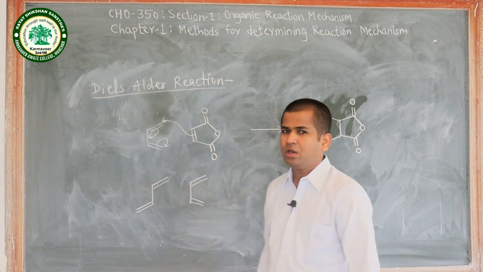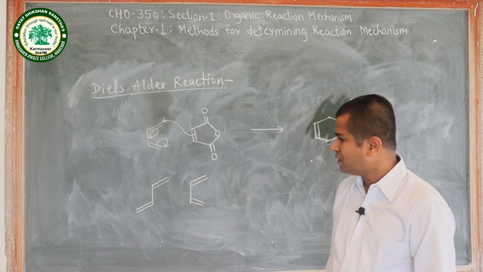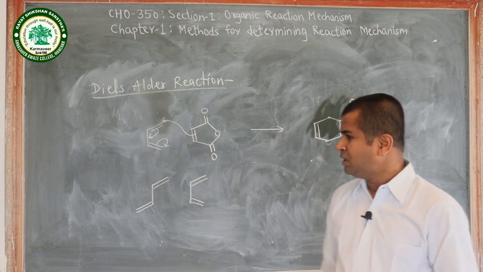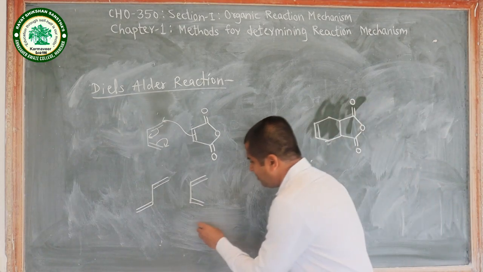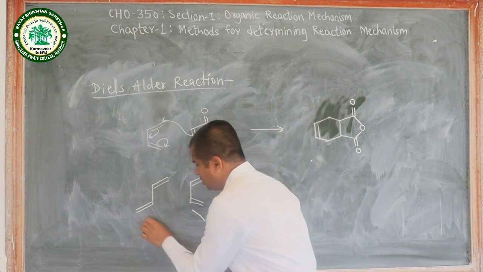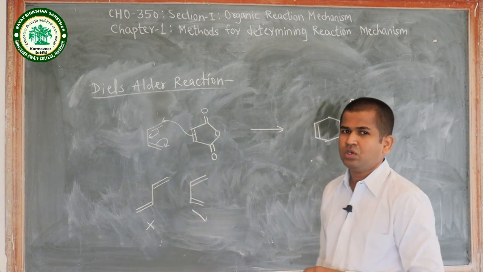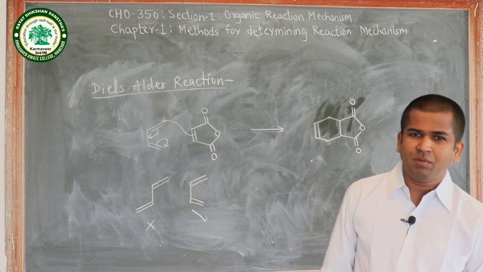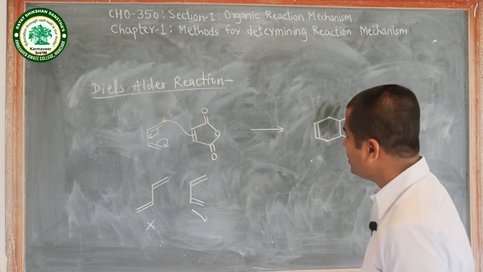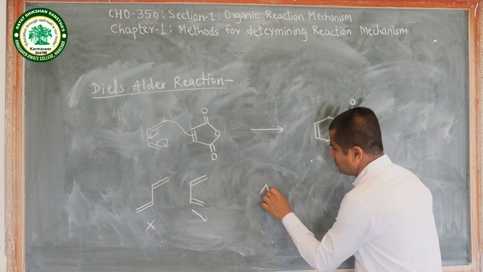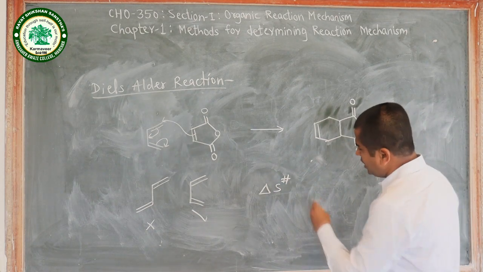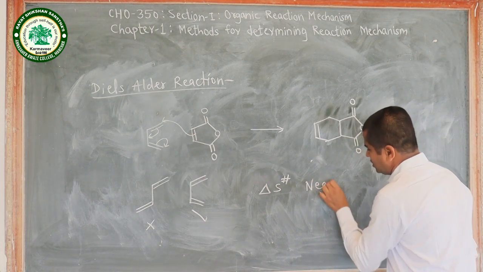These are the two conformations of butadiene. But in order for a reaction to happen, the butadiene must be in this conformation and not in this conformation. So the degree of freedom of butadiene is lost in the transition state. Therefore the entropy of activation value is negative.